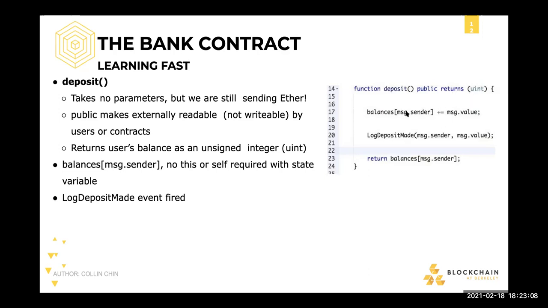And then the balance message sender, that just increments the value because you're depositing money into your balance. And then balance is a mapping. So then sender is actually the key. And then you could fire the event so you let other people know that they have made the deposit, which is very useful because if you go to a bank, you want to know that your money goes through.